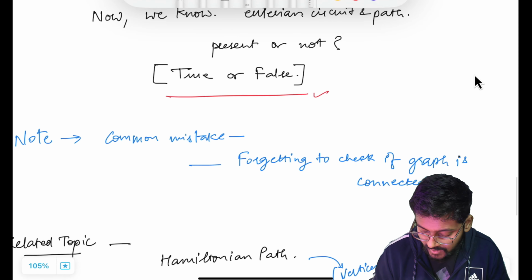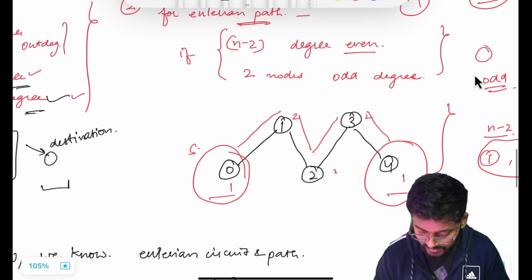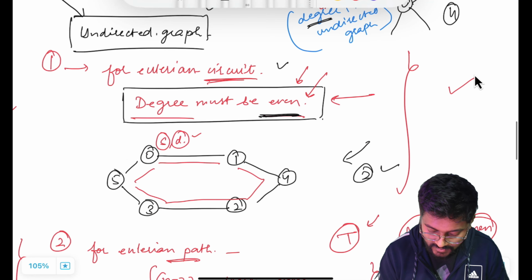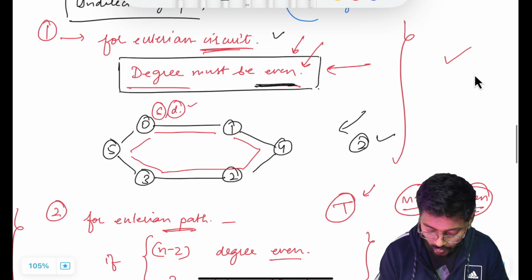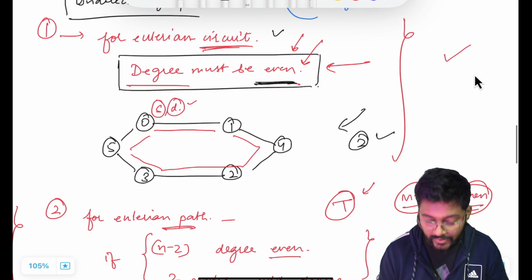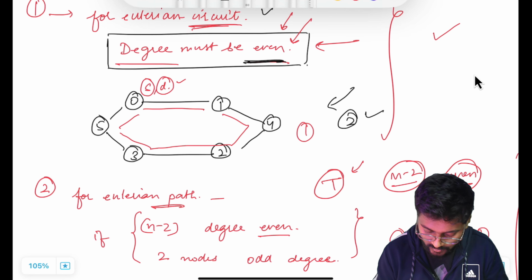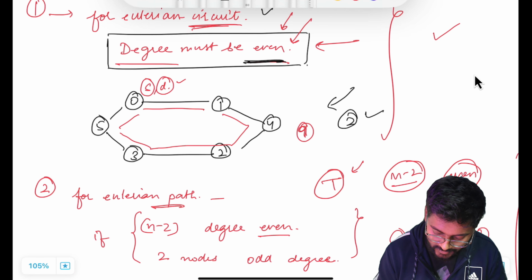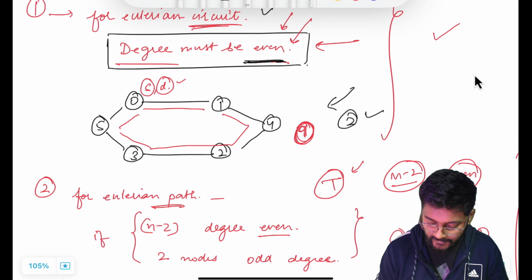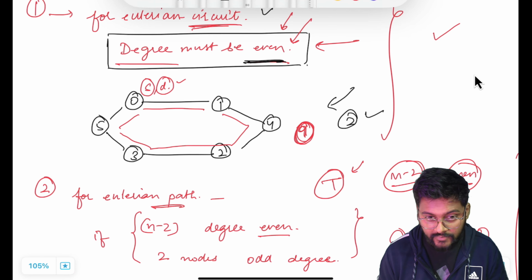What is the common mistake we might make while doing this processing? Forgetting to check whether the graph is connected. Let's say this is an undirected graph and all the nodes have even degree. Let's say 9 is another node present there. If it is a connected graph, then 9 is not going to cause any issue.